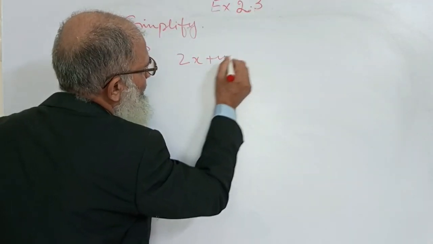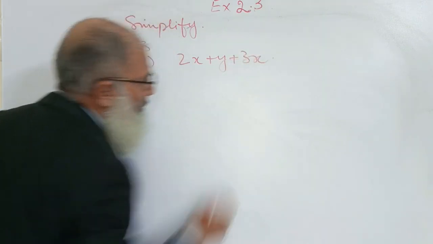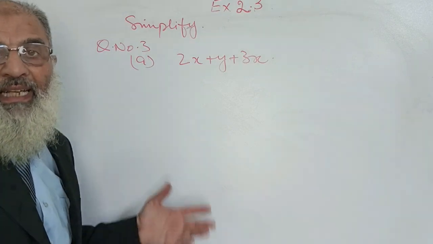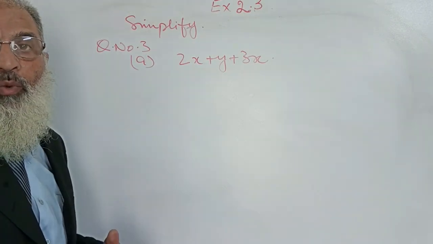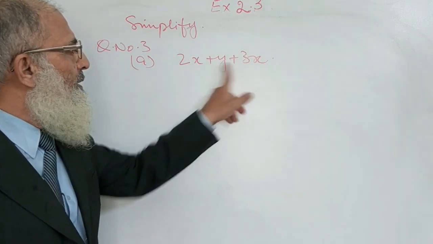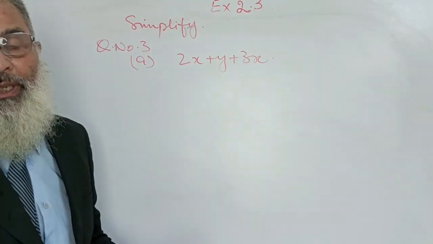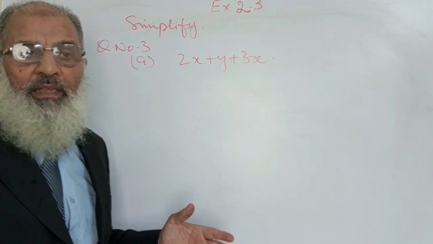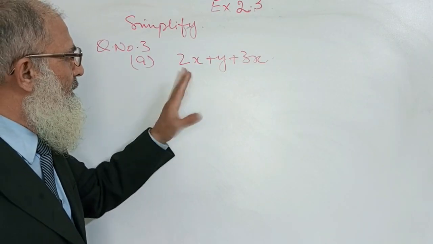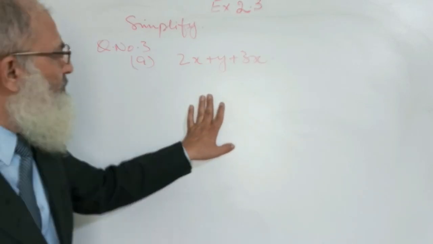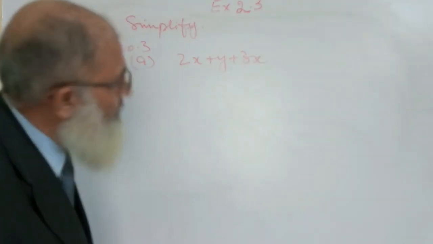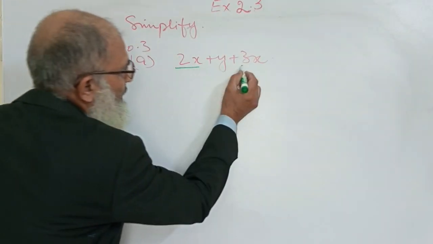Now dear students, what you have to do is find the like terms, and then whatever the operand sign tells you to do, you do it. If it is add, then you add it. If it is subtract, then you subtract it. Now in this case, we have to find the like terms, and this is the like term with this only.